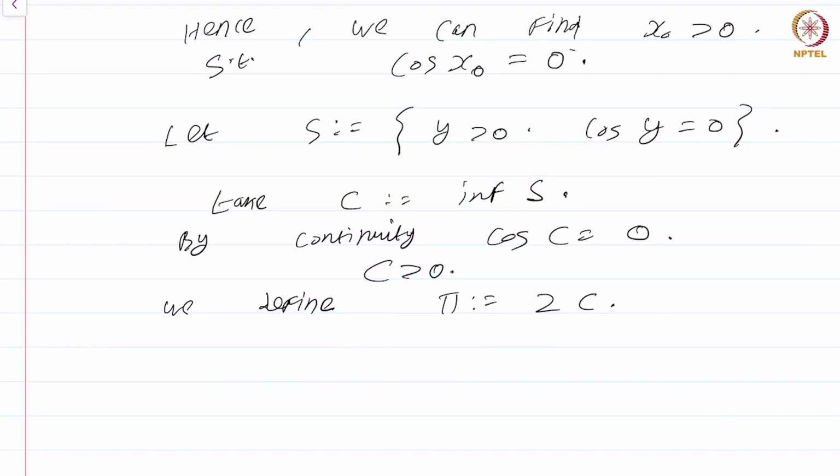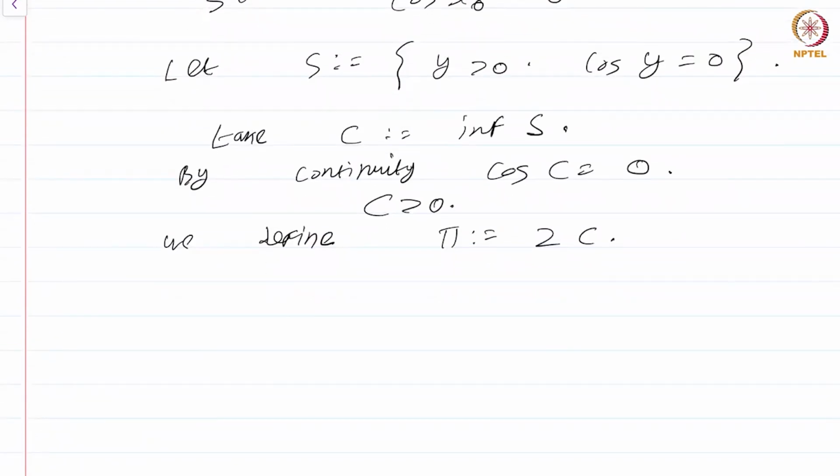Okay. And by the way we have defined things, cos is going to be greater than 0 if 0 is less than or equal to x less than pi by 2. That's simply the way C has been defined.